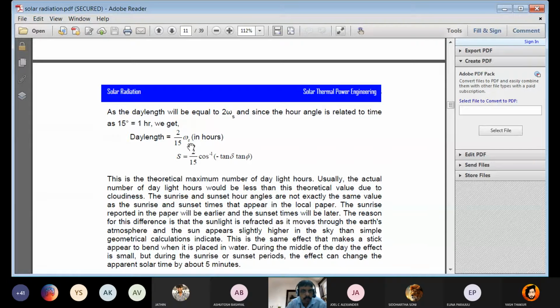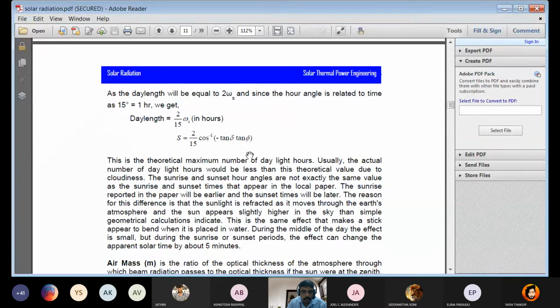So if you want to express it in terms of hours, we have to convert this degree into hours. So by using the relation that day length is equal to 2 omega s and 1 hour is equal to 15 degrees of solar rotation, we will get this relation: 2 by 15 cos inverse of minus tan delta tan phi.